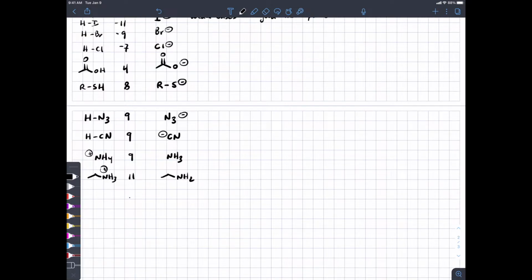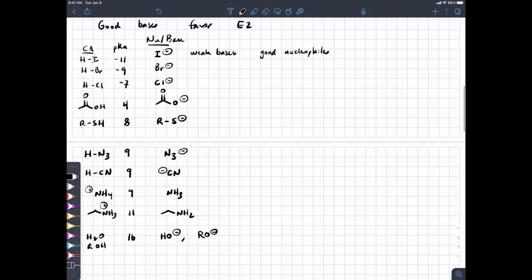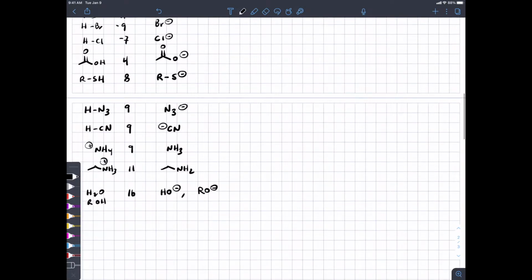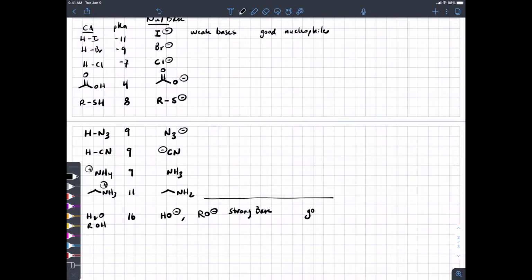If we get to the alkoxides and/or hydroxide, by this I mean R can be an alkyl group there. The conjugate acid is water or an alcohol. From this point on, we're going to say strong base, but good nucleophile.